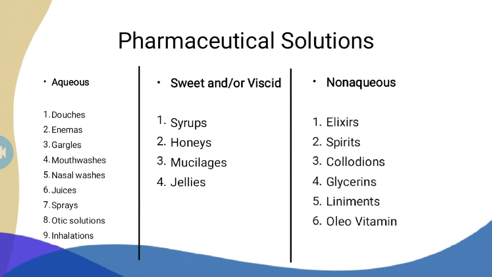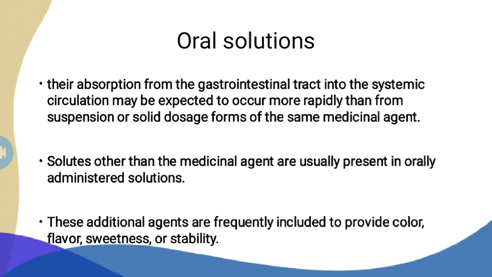Examples are syrups, honeys, mucilages, and jellies. This type of product enhances flavoring agents and the quality of its taste. And the third category, the non-aqueous. Examples are elixirs, spirits, collodions, glycerins, liniments, and oleovitamins. This kind of product does not contain any amount of water.